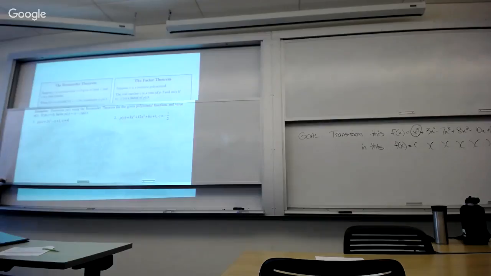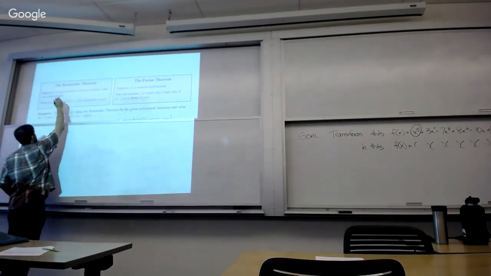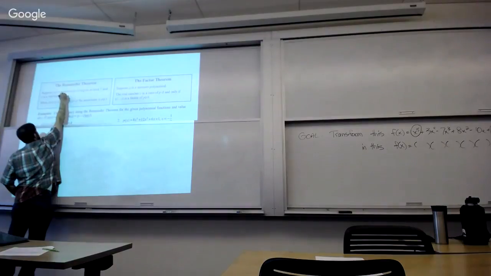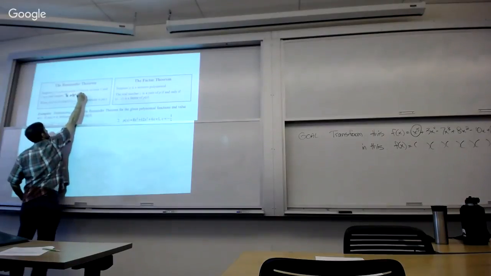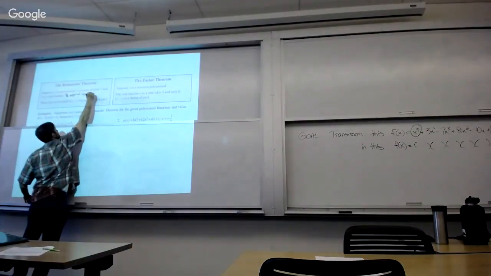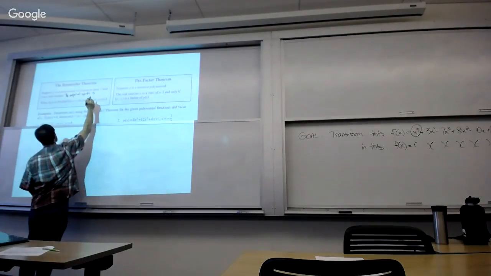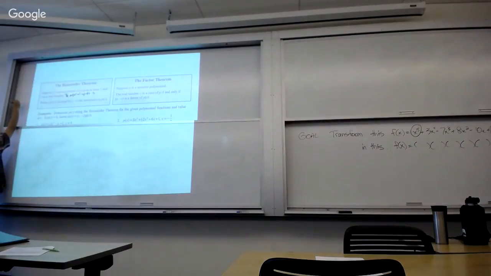What they really mean is the remainder theorem states that the output of synthetic division is, well, if you were to plug a number C into synthetic division, then the output is P of C. They're basically saying that you're getting the output.